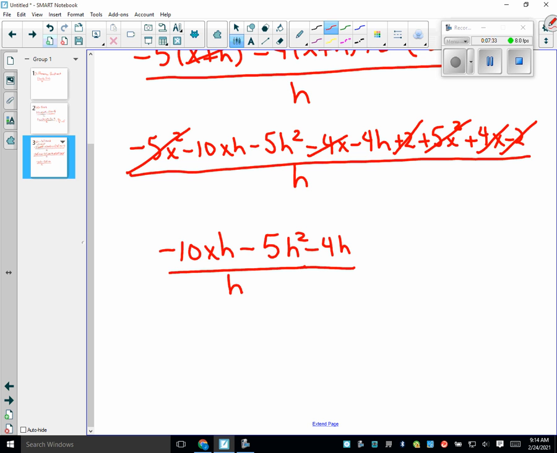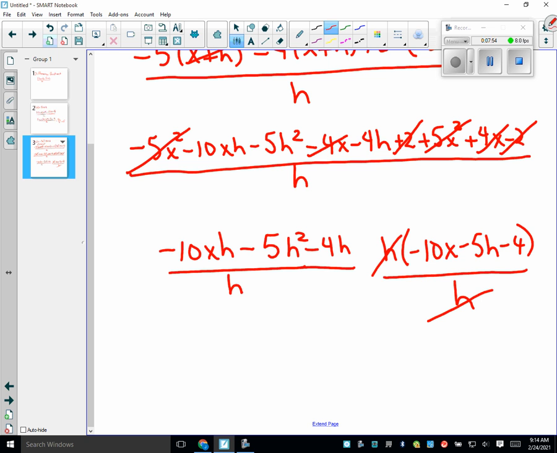Can I factor an h out of the top? Which leaves me negative 10x minus 5h minus 4 over h. And what happens with my h's?